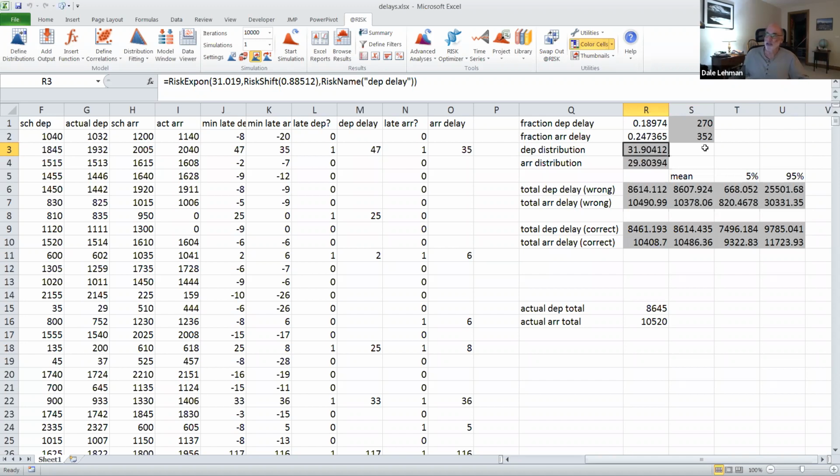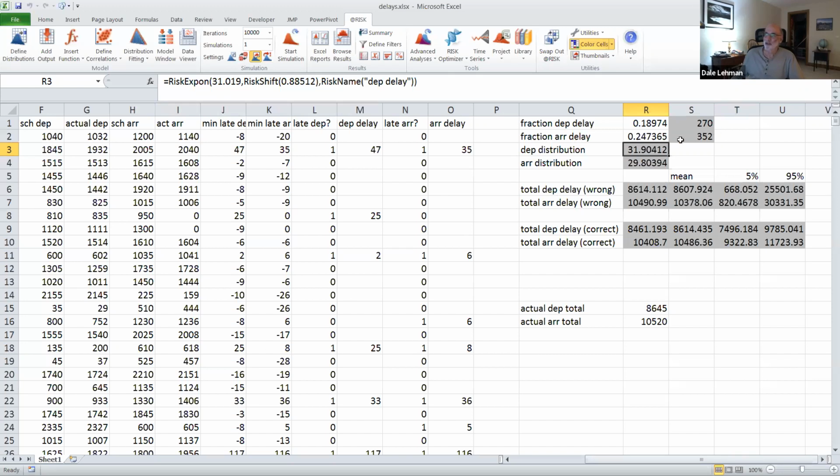The great advantage, though, is that these are extremely small models that can handle a lot of flights. We could easily change this to 1,000 flights. If you wanted to model the left-hand side with 10,000 flights instead of 1,300 or whatever that number was, you'd have to add rows for each of the flights.